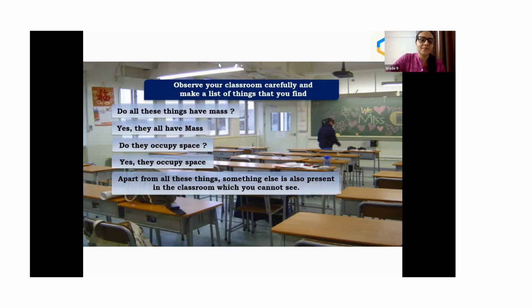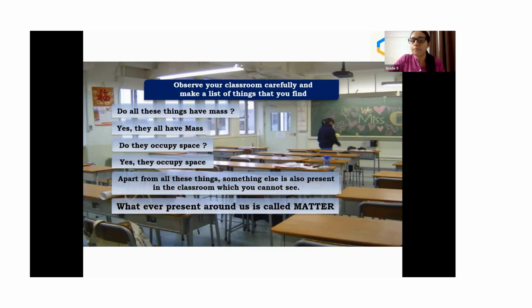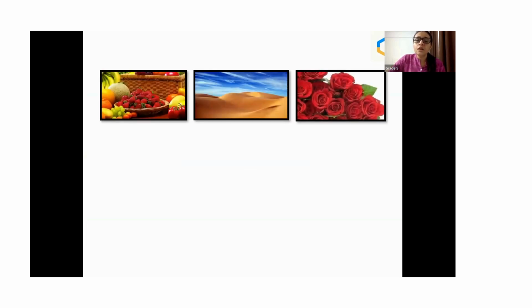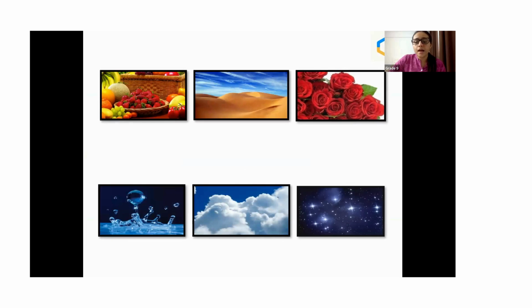Intelligent students are there. So whatever is present around us is called matter. Everything by which we are surrounded is matter. Now let us see a few more examples. These vegetables, fruits, desert, flowers, water, air, sky, stars, all are matter.